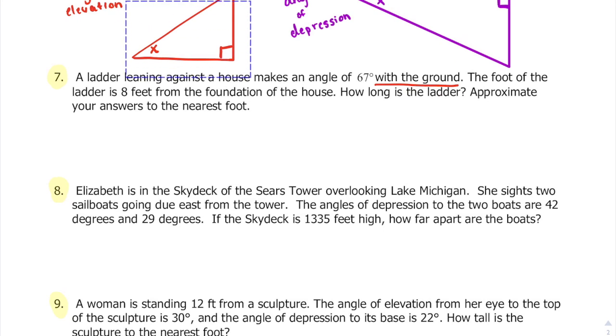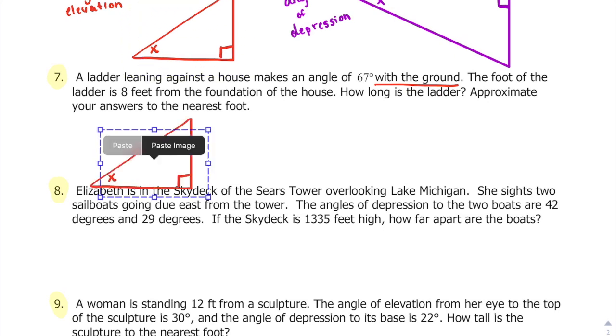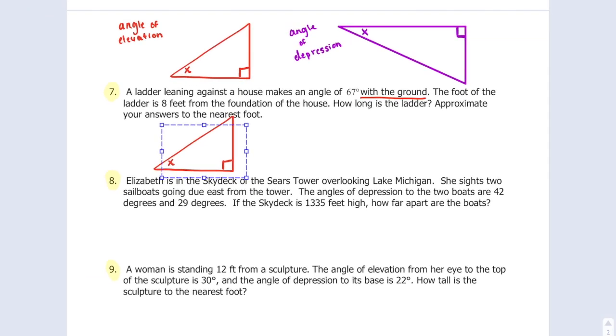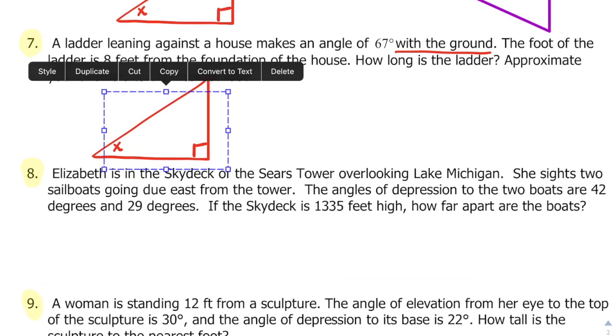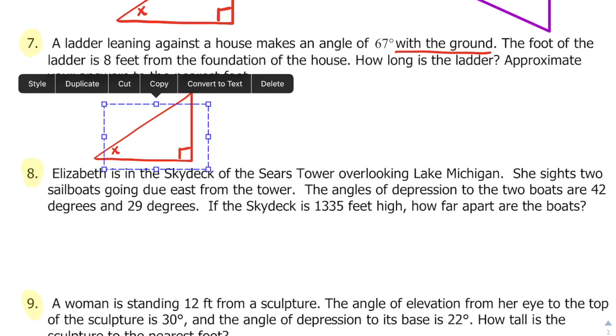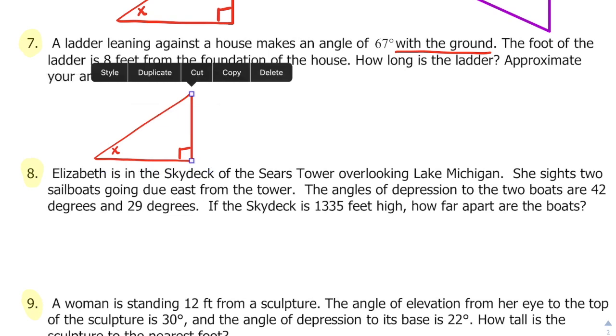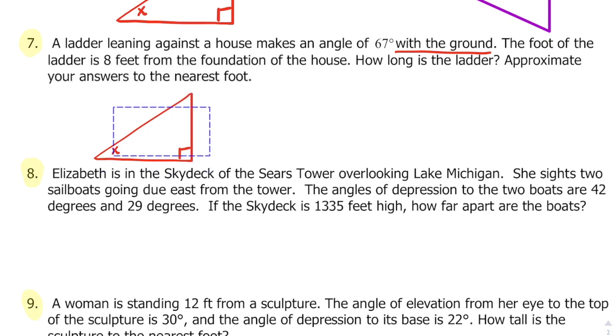So we're going to draw a triangle like this one. Might need to make it a little bit smaller. So here's our triangle, and it says the angle made with the ground is 67 degrees.